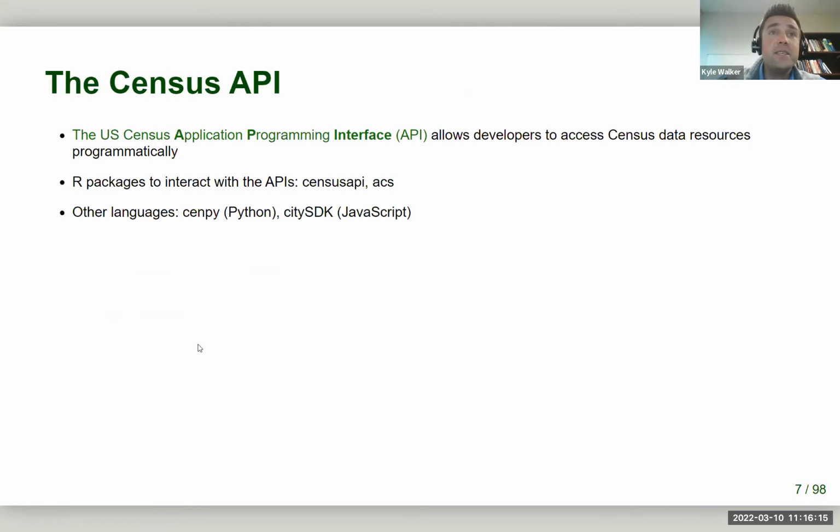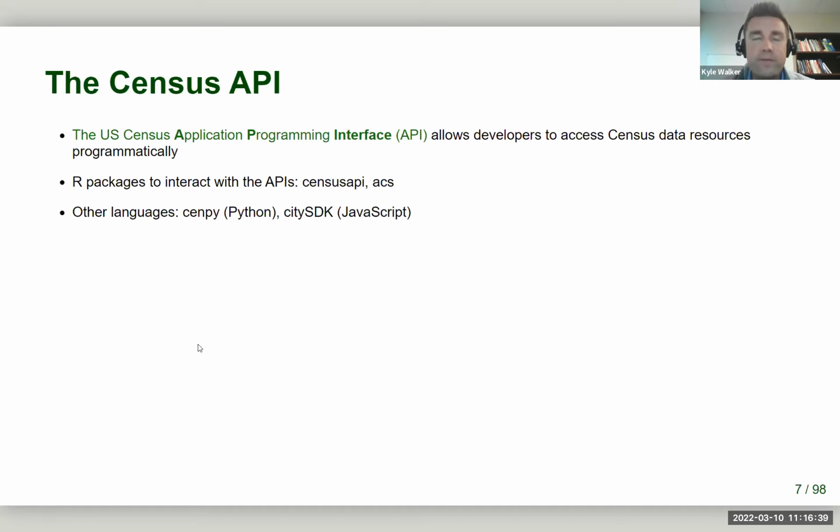So data.census.gov, which again is your data browser and general download client for census data, is your main portal. It's powered by the US Census API, which is a resource that's set up by the Census Bureau to allow census data to be accessed by developers programmatically.